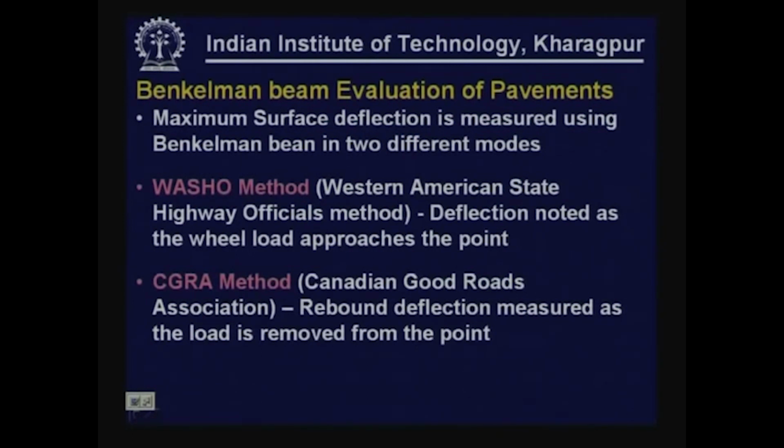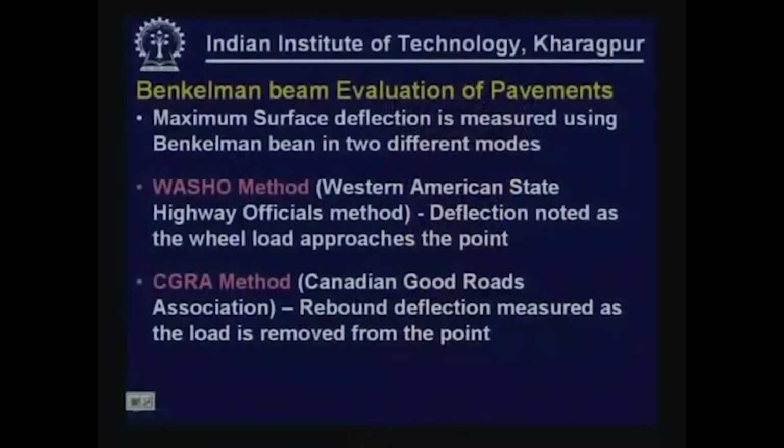As per the WASHO procedure, Western American State Highway Officials method, the deflection is noted as the wheel load approaches the point. The probe is kept on the pavement surface, and the wheel load gradually approaches the point. When the wheel load is directly above the point, we see the maximum deflection, and that deflection is observed. That is what is observed in the case of the WASHO procedure.